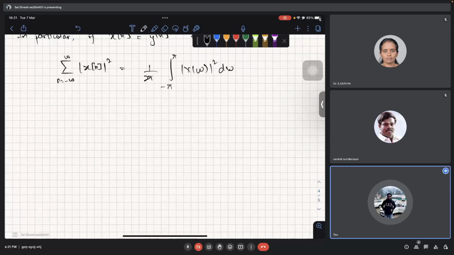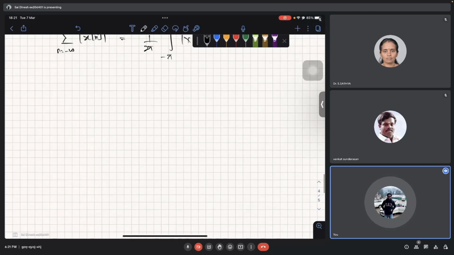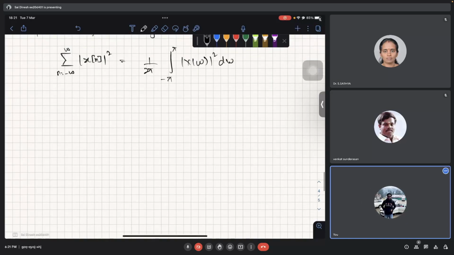So this is Parseval's theorem. Let's see an example of why this is Parseval's theorem. So if you see, this is equal to the norm of x of n. Let's use another notation: this is the L2 norm square of x of n. So the norm is preserved.